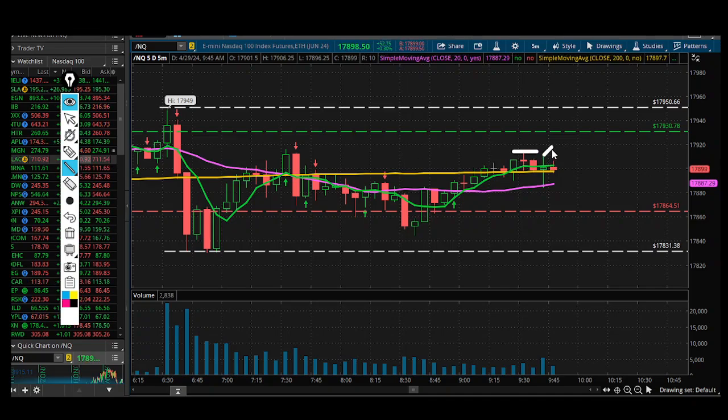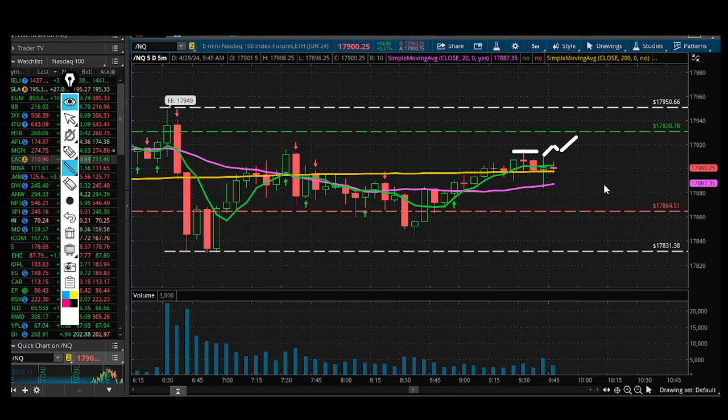I want to see a new high be put in, and a following candle either pull back or confirm that new high over 913. That would become the long position into 17,930. And then I lock gains.